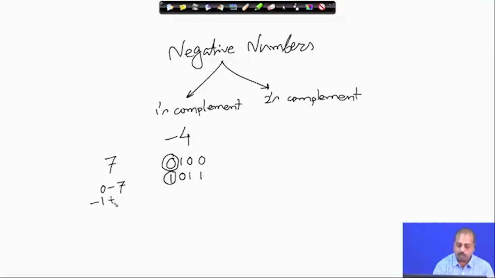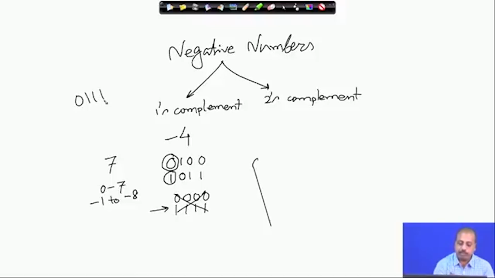If I take the representation of 0 in the 4-bit number system and take the 1's complement, it will become all 1s, but that is -0. So, the range is not -1 to -8. If I want to represent +7, it is represented as 0 1 1 1.